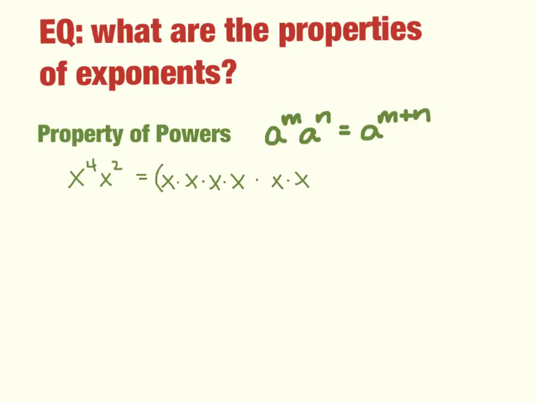So we have x to the fourth times x squared. How many x's do you have there being multiplied together? 6. So that's x to the sixth. That's the exact same thing as x to the 4 plus 2. So we don't have to write all this out. If it's the same base to different powers, we just add the powers. 4 plus 2 is 6.